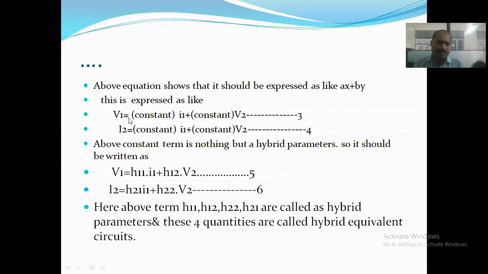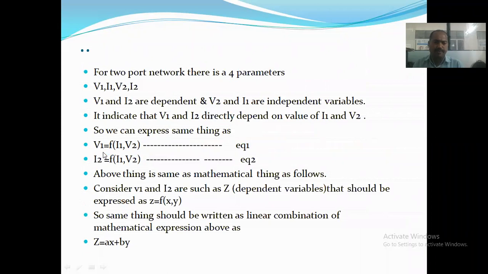So your equation is phi1 equal to constant into I1 plus constant into phi2. This should be related to phi1. Okay, now for the purpose of phi2, because Z is nothing but phi1 and phi2.